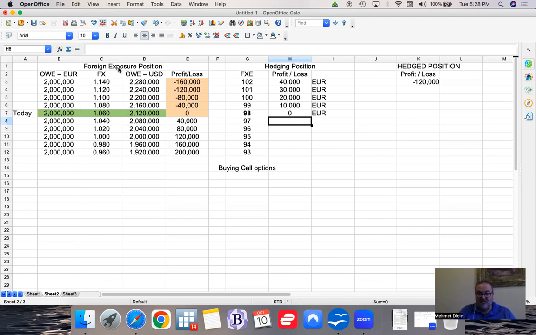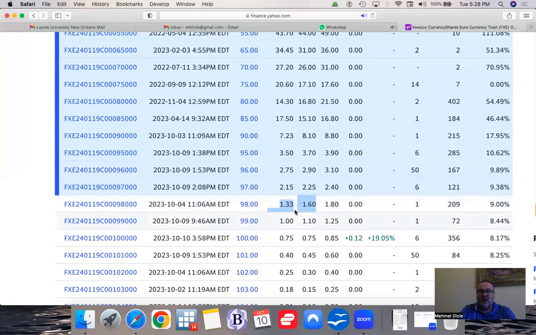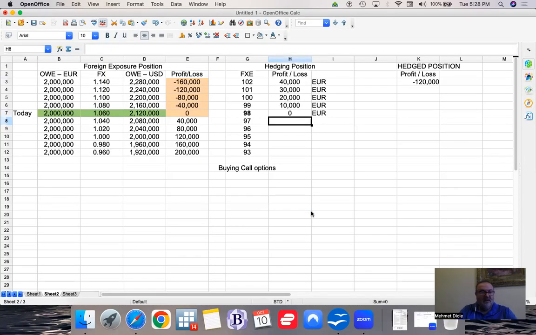The option price will eventually diminish, and we are going to have the loss of the premiums that we pay for this. However, the idea is that as the exchange rate goes down, with an option, our profit and loss will be simply zero.